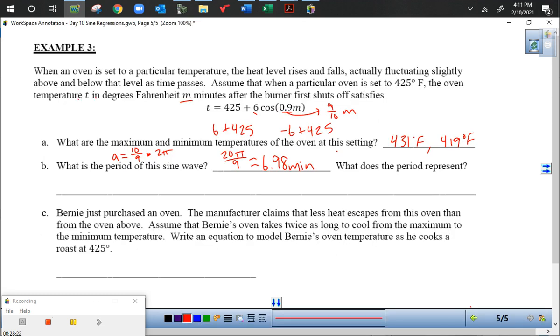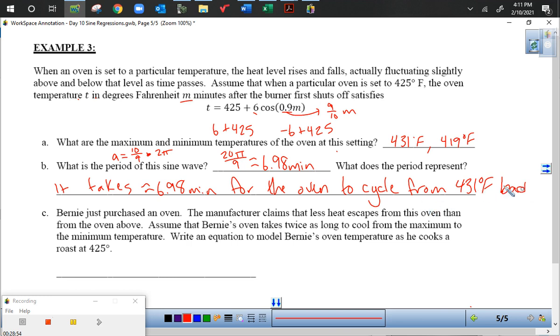So for us, with this oven, our maximum temperature was 431, so we're saying it takes about 6.98 minutes for the oven to cycle from 431 degrees Fahrenheit back to 431 degrees Fahrenheit. So it goes high, or goes lower to the minimum and back up.